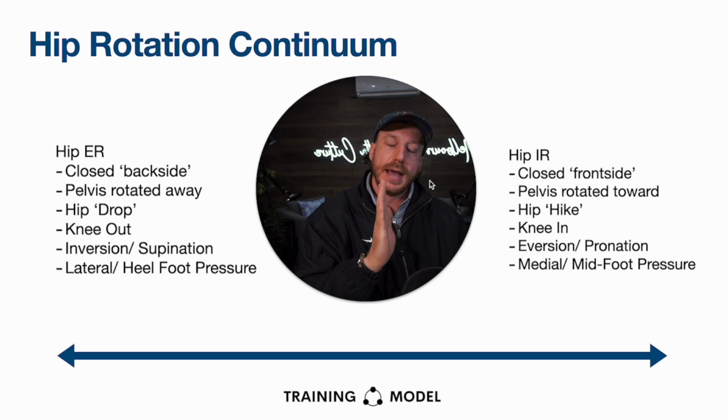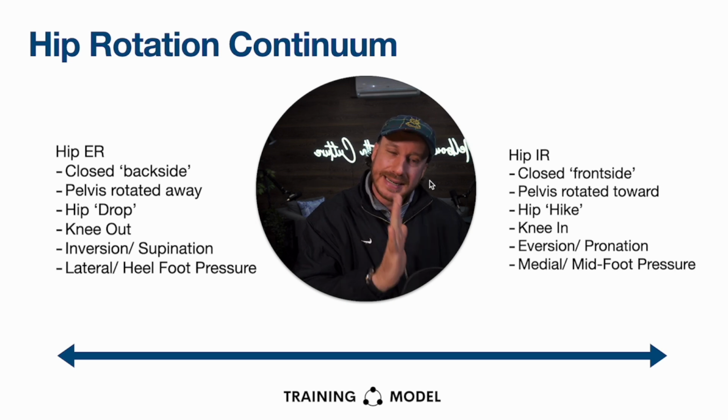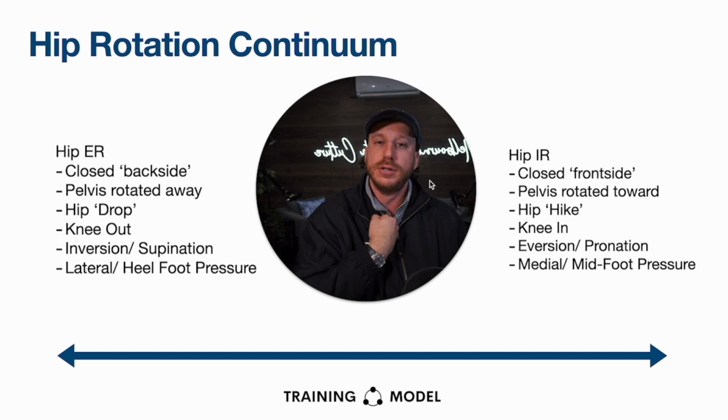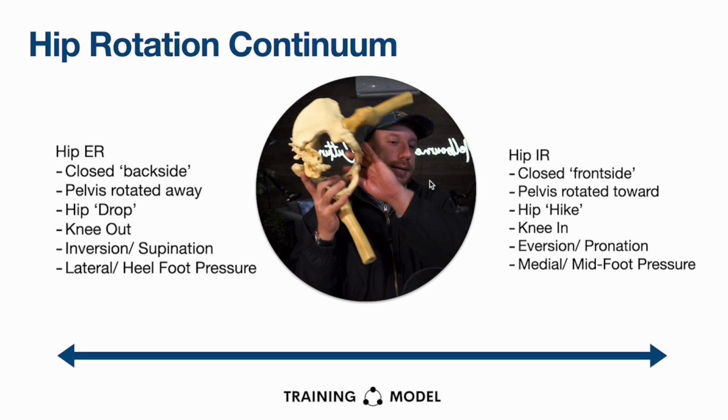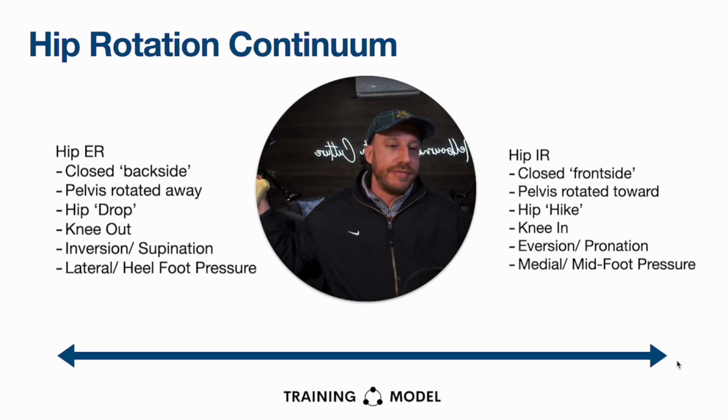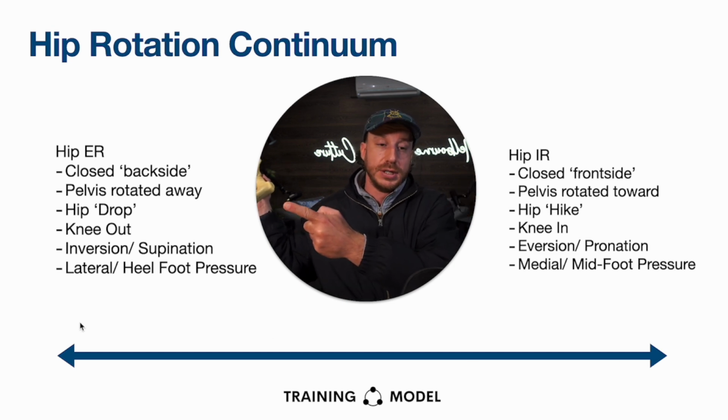So if we can really understand and teach and build sensation into true hip internal rotation, and we're going to unpack this today, it probably has meant that, because we know what this very end of hip internal rotation feels like and the context around that, we now have a better opportunity to transition towards the other end of the continuum.